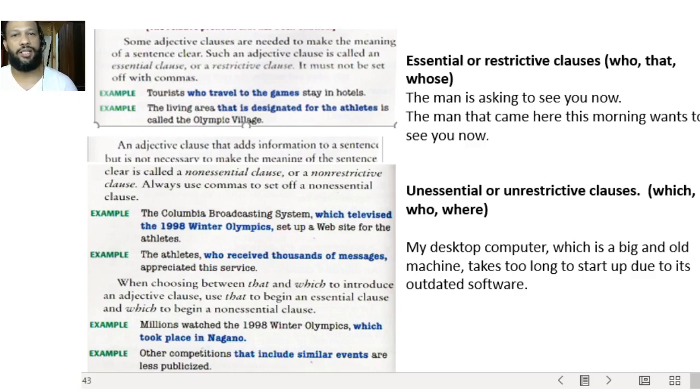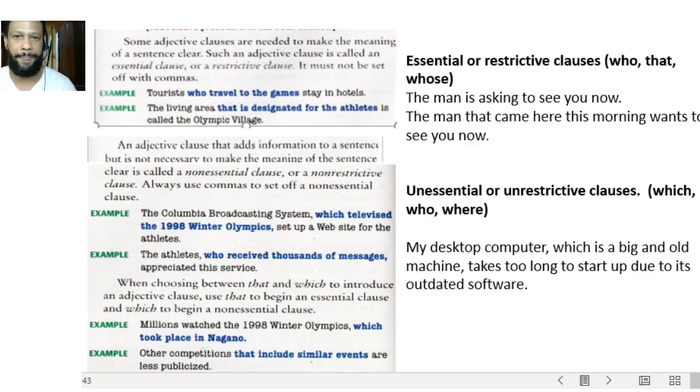When you write a non-essential adjective clause, you place it between commas, okay? Let's remove it and see if the sentence makes sense. The Columbia Broadcasting System set up a website for the athletes. It makes sense. There's nothing missing. We are mentioning the name of the place and what they did and for whom.